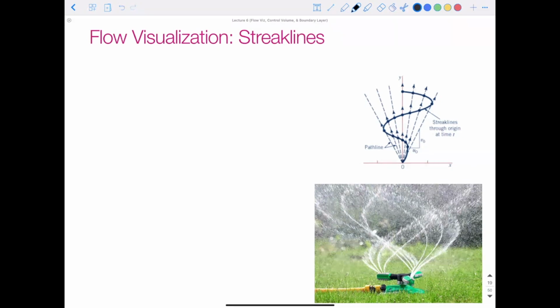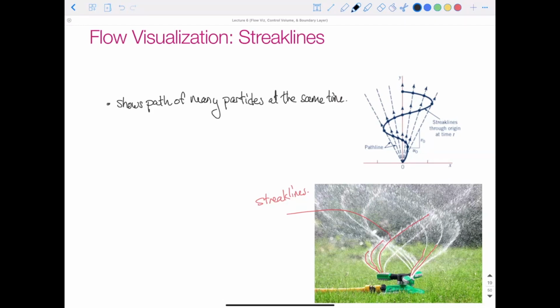So I love the sprinkler example, and if we were to write an equation that would describe each of these lines of that fluid, just trace out a few of them, these would be our streak lines. So the streak line shows the path of many particles at the same time.